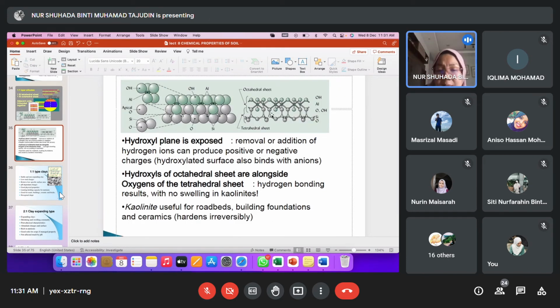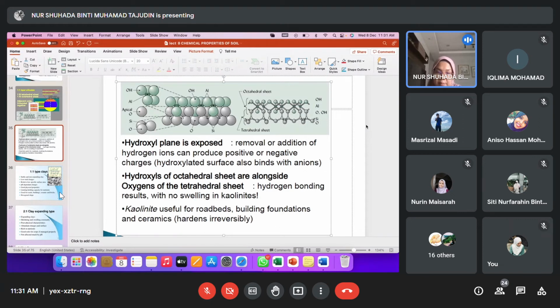That's why I attach a lot of pictures for you to study, but please do not depend only on my lecture or study notes. You also have to refer to books or journals. So here is the hydrogen bonding, somewhere here, because it's between OH and O of the tetrahedral. That ties it together, here. This is the O and H, this is the bonding here.